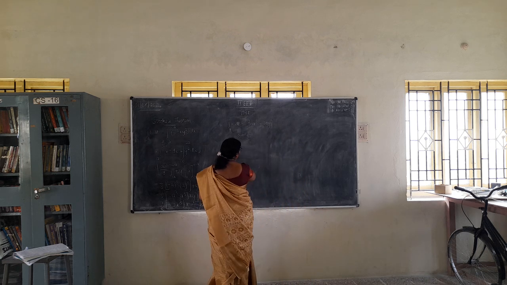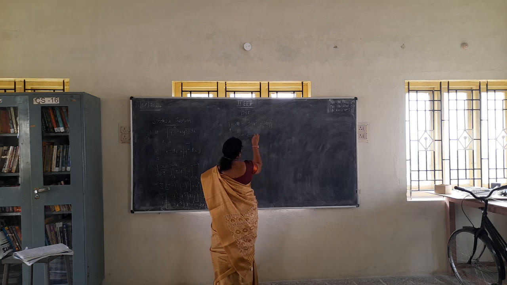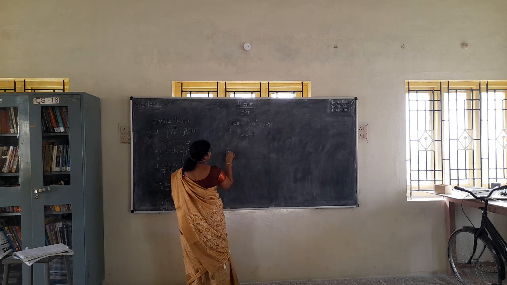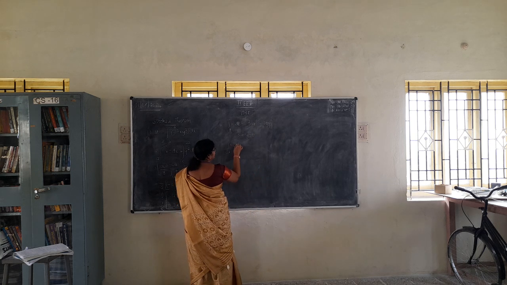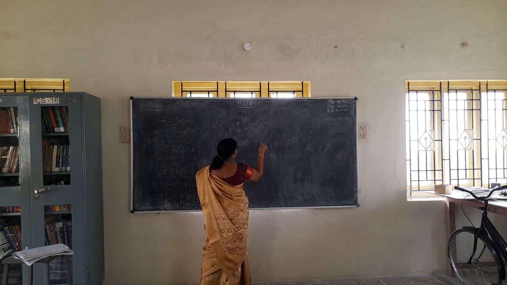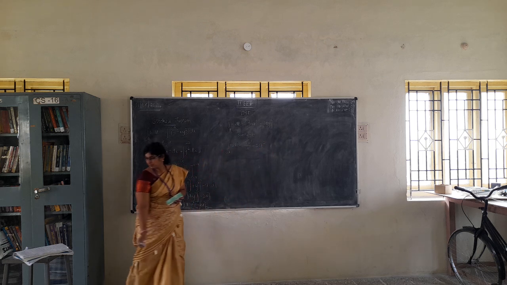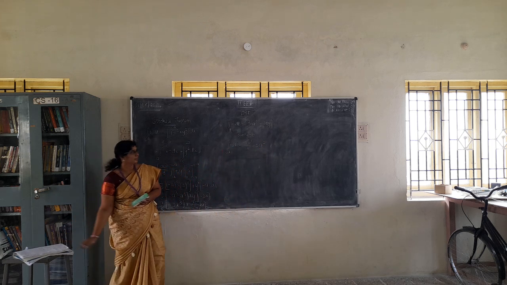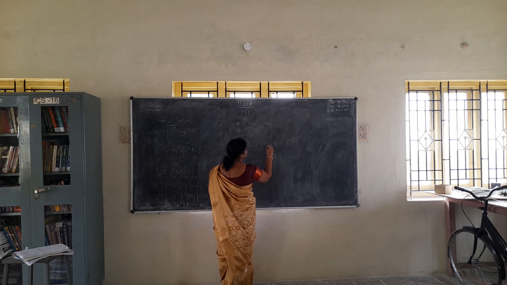So y value is b. So finally CD f dot dl will be equal to minus 2 a cube by 3 minus 2 a b square. Take it as equation number 5.